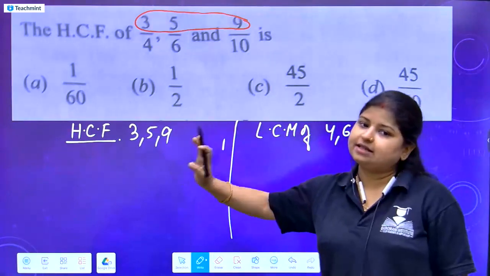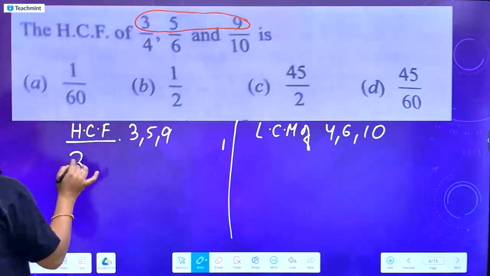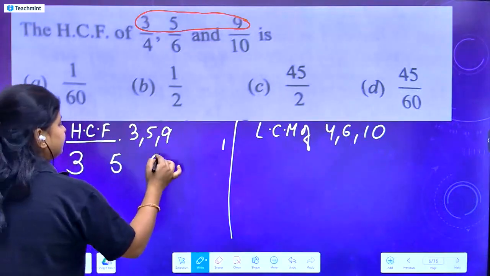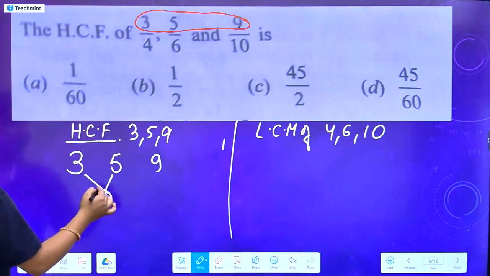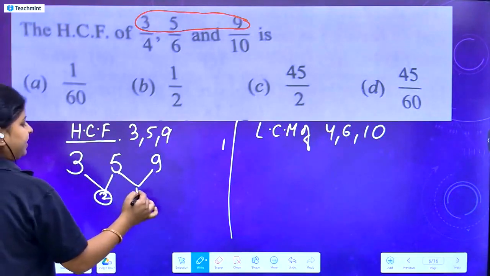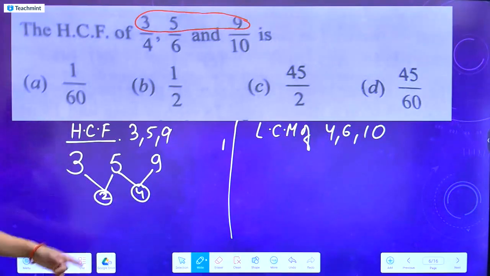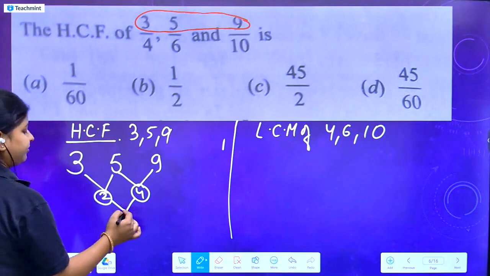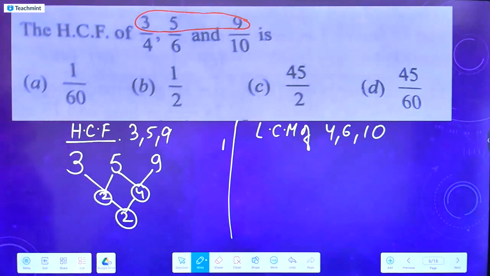Now, first let's see the HCF part. We will use the difference method. 5 minus 3, 2. 9 minus 5, 4. Again, because they are not same, we will subtract further. I got 4 minus 2, 2.